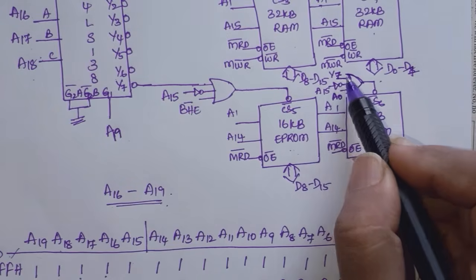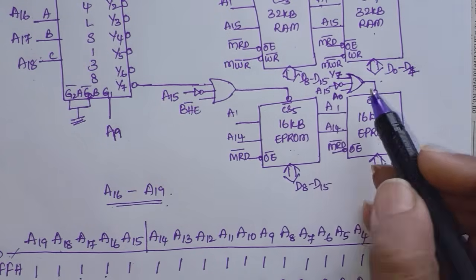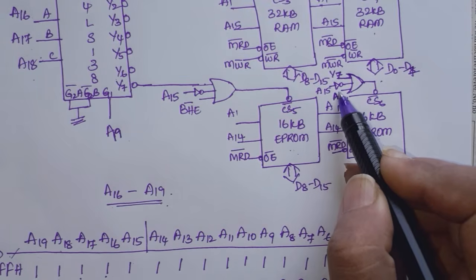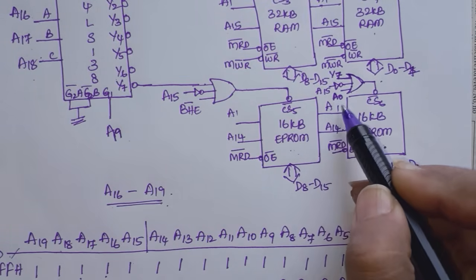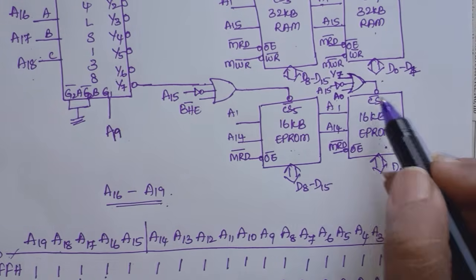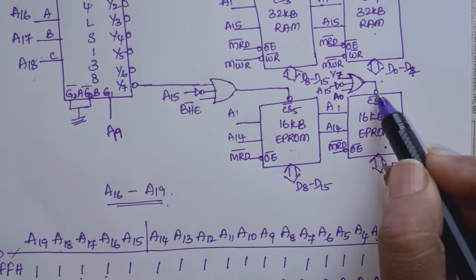One input to this OR gate is Y7, and the other input is A15 with an inverter, and A0 is given as input here, so that the even bank is selected.